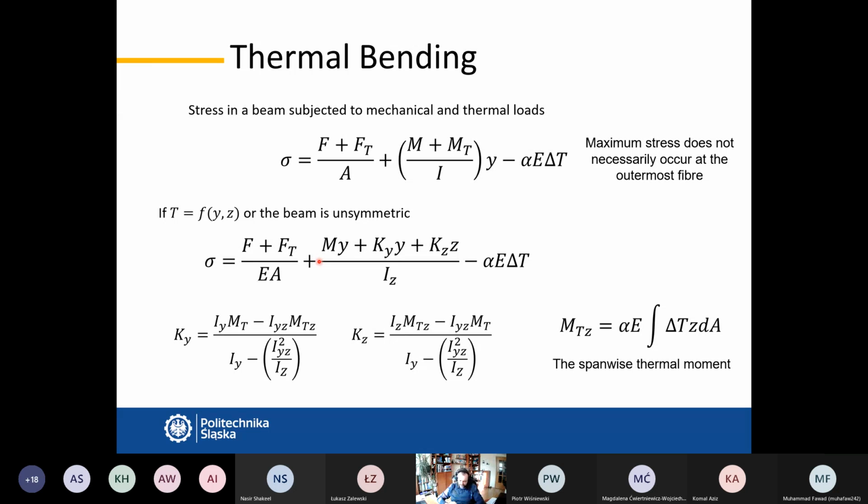I think due to the last too long lecture today, we can save the time, so we can finish our meeting today, and we will continue it. So the thermal bending will be continued next time for different cases of beams, and we'll also introduce the case where we have a pipe system.